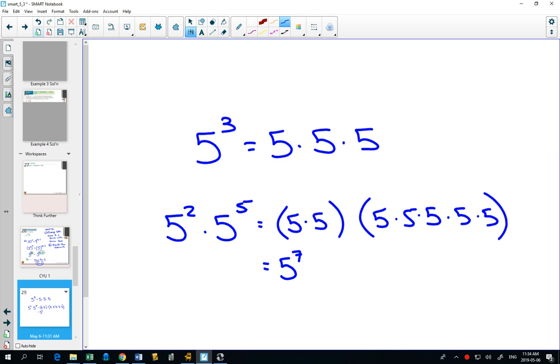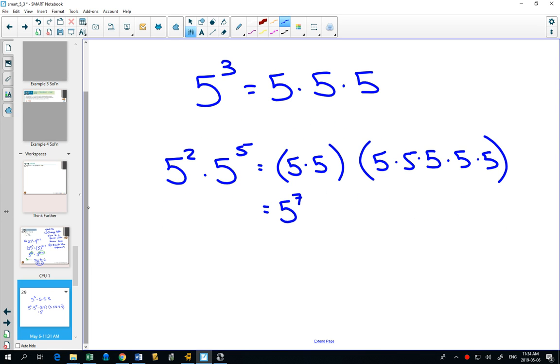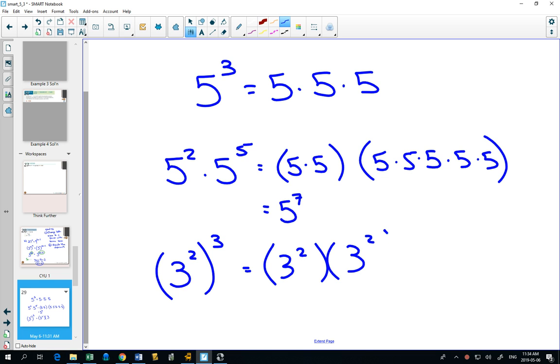But if you think about why they work, so if I have 3 squared cubed, this is the one that we just used. We needed to multiply. This is equal to 3 to the 6. Why is that? Well, this would mean I have 3 squared 3 times. That's what the cubed on the outside means.